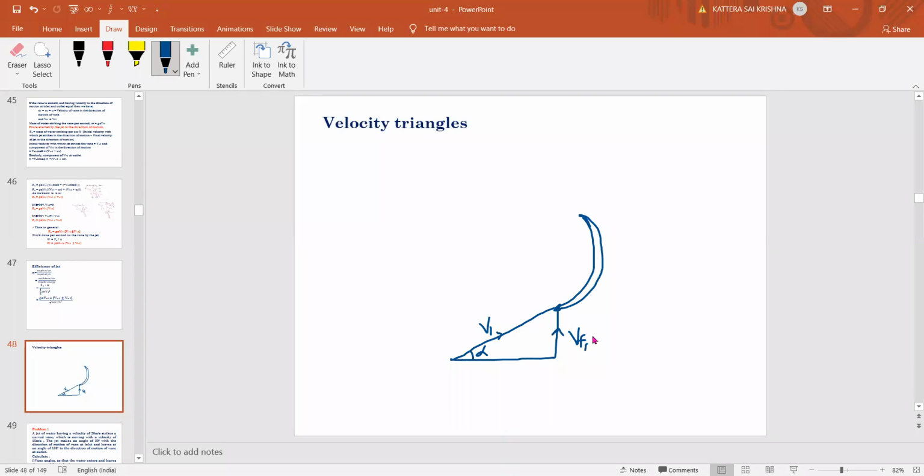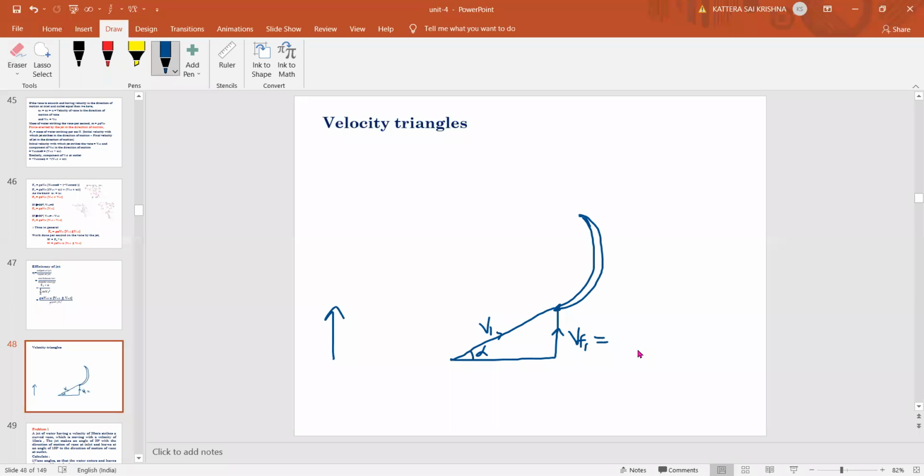What is it? When we make v1 vertical, this arrow moves vertically upward, so it is v1 sine alpha. So vf1 is always equal to v1 sine alpha.